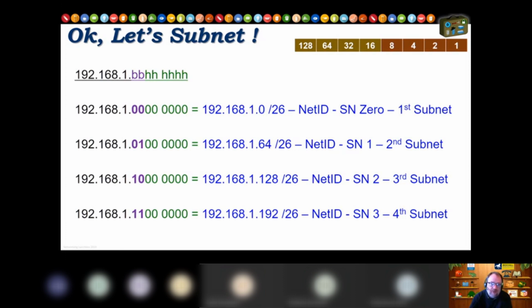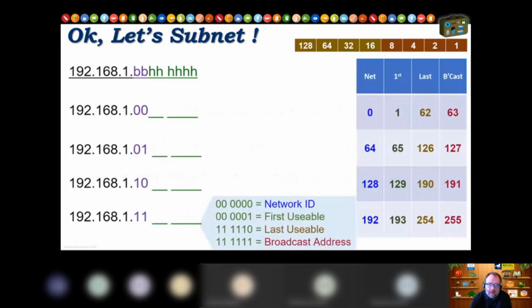The host range for the next subnet is 129 up to 190, because 191 is a broadcast. And then the host range for the next one is 193 to 254, which is pretty sure what I said on the previous slide. Yep, there it is.